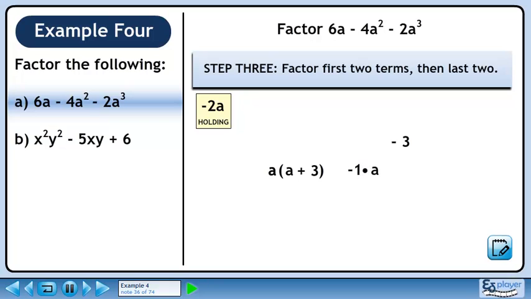Minus 1a is the same as minus 1 times a. Minus 3 is the same as minus 1 times 3. Factor out minus 1 to get minus 1 times a plus 3.